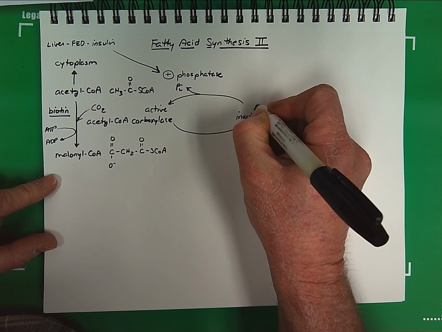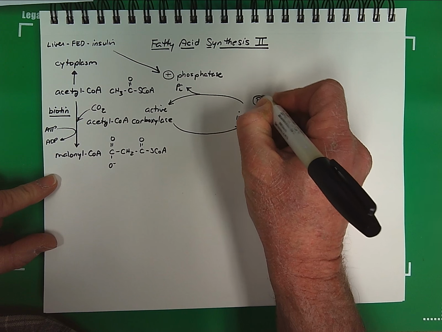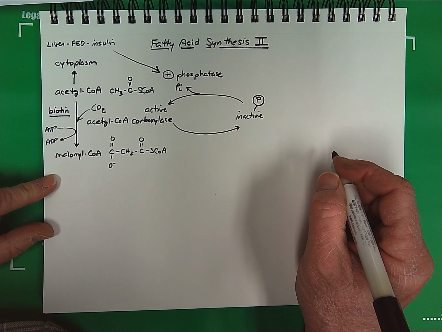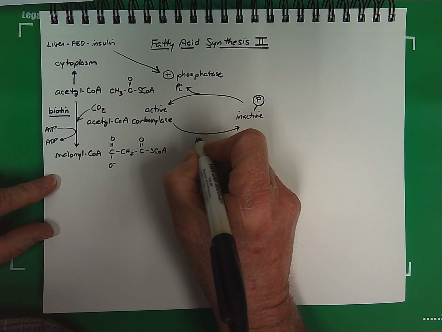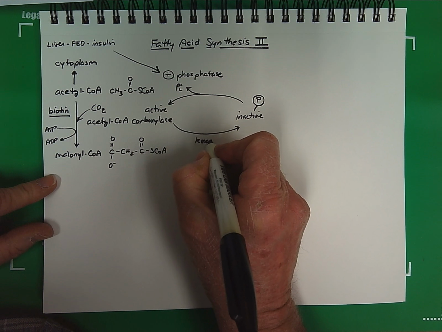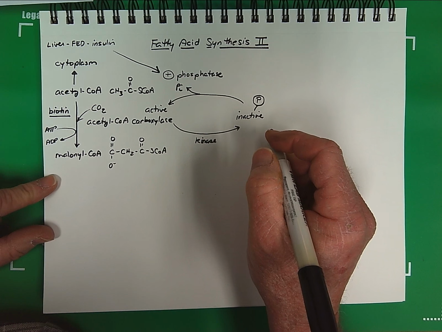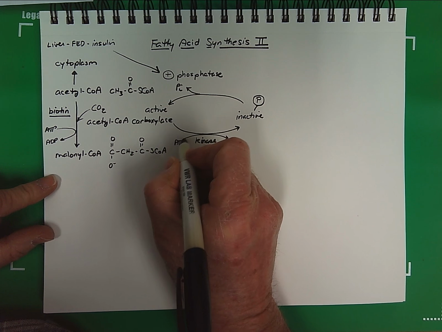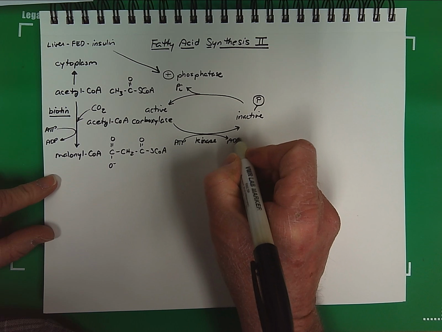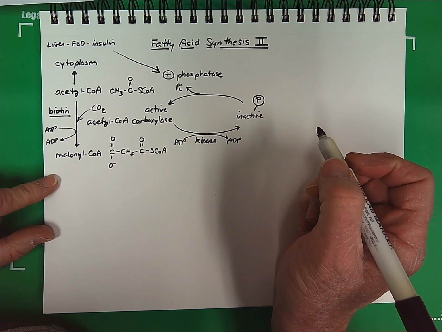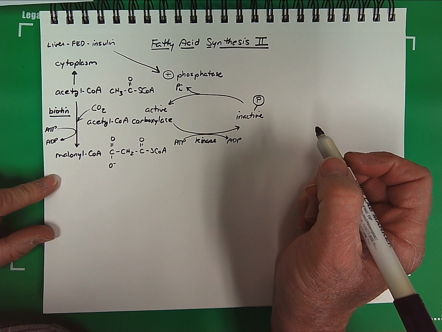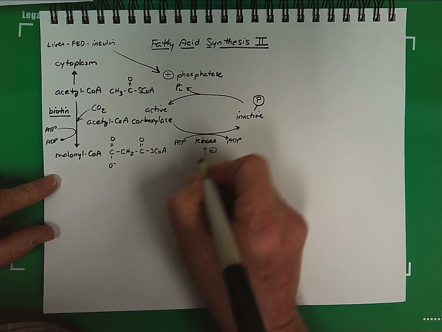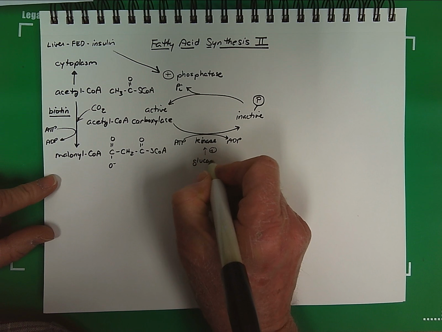So this means that the inactive state must be phosphorylated. It becomes phosphorylated because of a kinase reaction. The kinase, of course, will add phosphate using ATP as a substrate, and this kinase enzyme is activated by glucagon signaling.